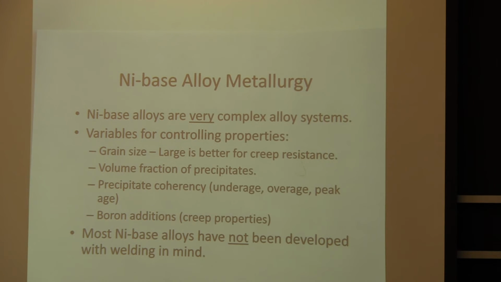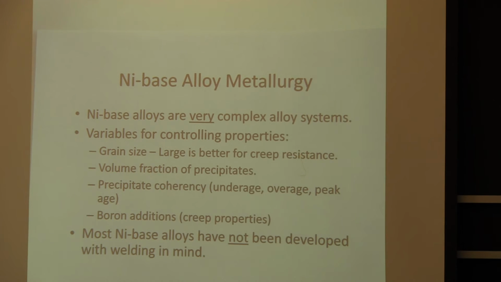Volume fraction of the precipitates that form also have a large effect on the hardness and the strength and the properties of the material. The precipitate coherency, which means the way that they line up within the lattice of the material. When you're heat treating a material and you're growing the precipitates, if you've underaged them, you haven't grown them enough, and so they're not lining up enough to strengthen.